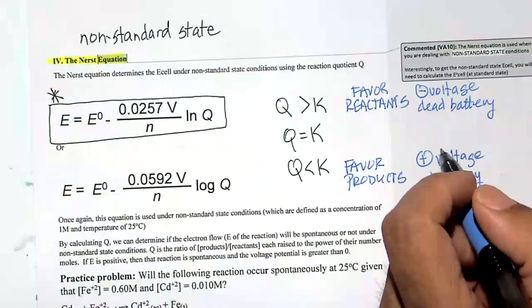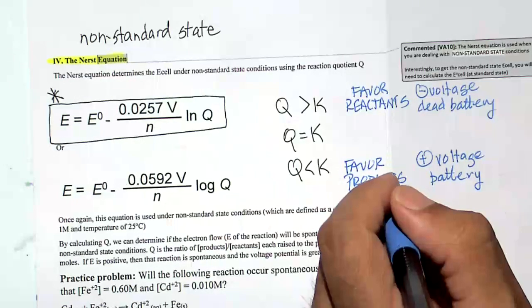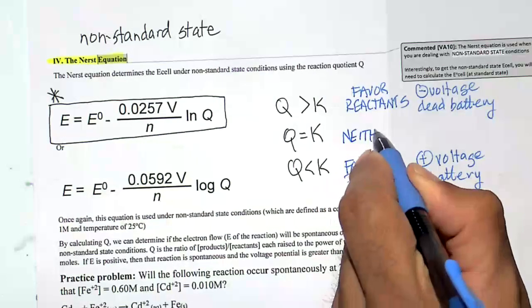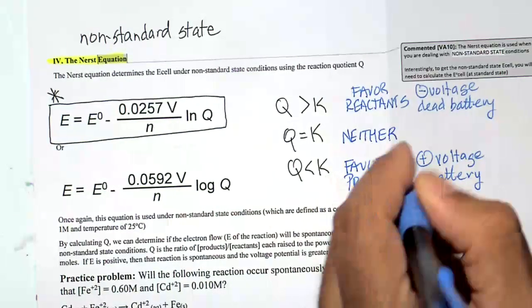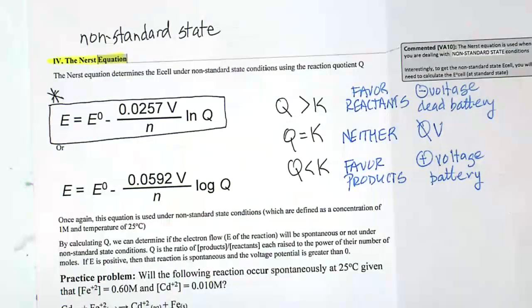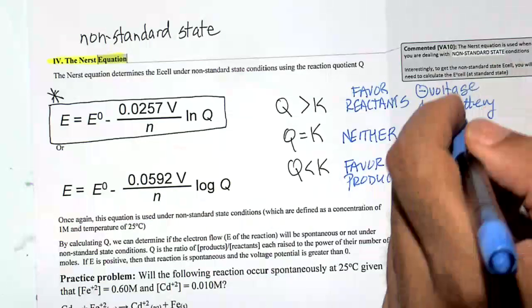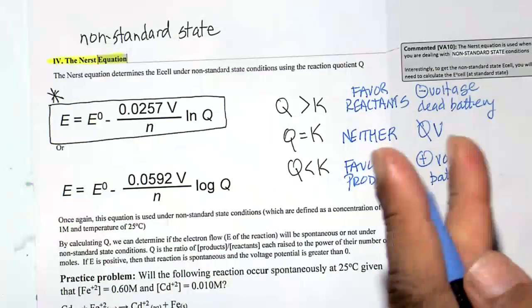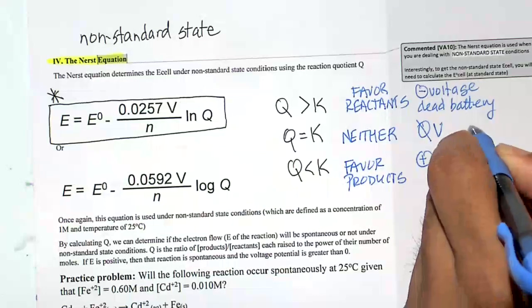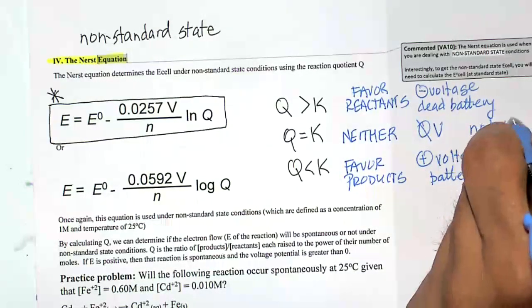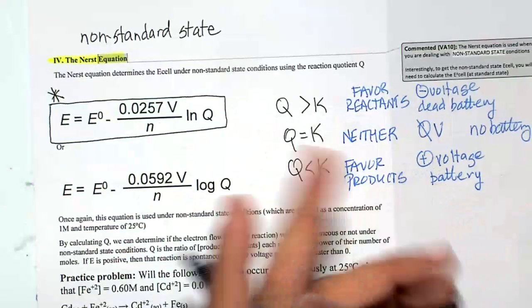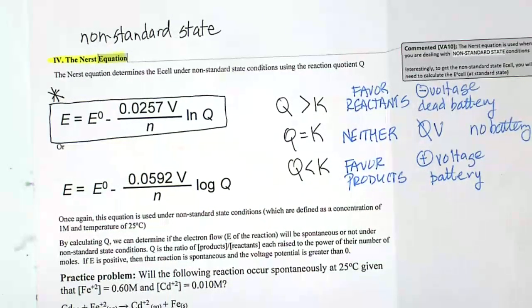And then finally, if Q is equal to K, it favors neither. That's 0 volts. That is not negative, not positive. It means no battery.